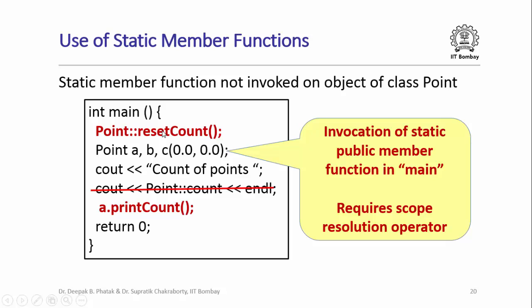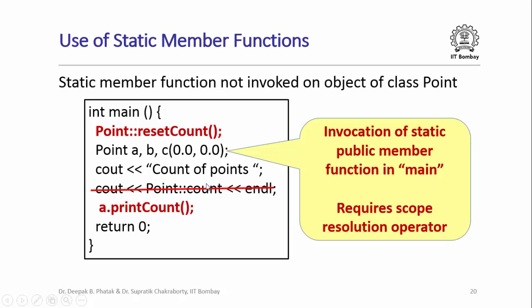This is going to go and set the private static data member count to 0. And then I have these three objects of class point being created. So when the constructor functions are called here, they will all go and increment the value of that shared private data item called count. And then finally, I want to read out the count of points created.